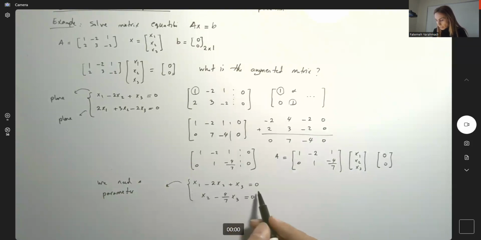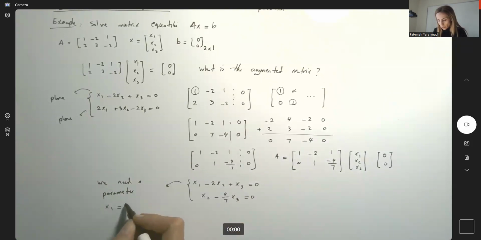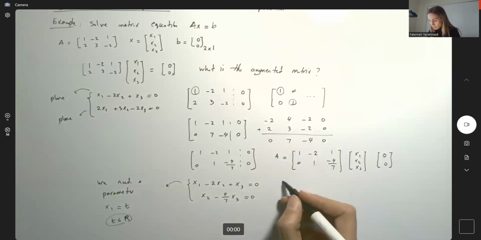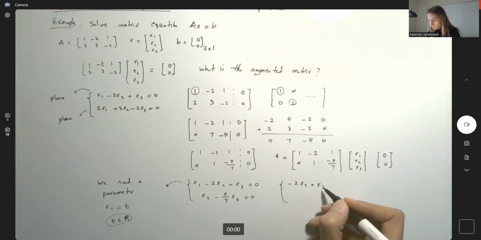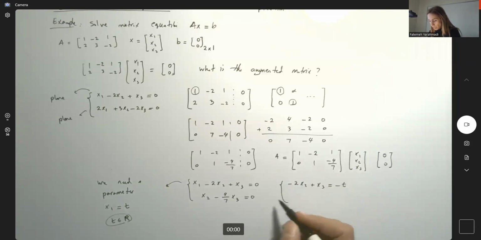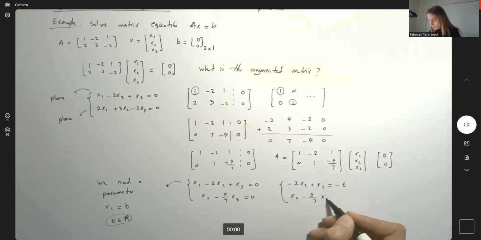So, for example, if I take x1 to be t, t is a real number, right? So since t is a real number, this becomes negative 2x2 plus x3 equals negative t. And this is just x2 minus 4 over 7 x3 equals 0. We have a relation between x2 and x3.